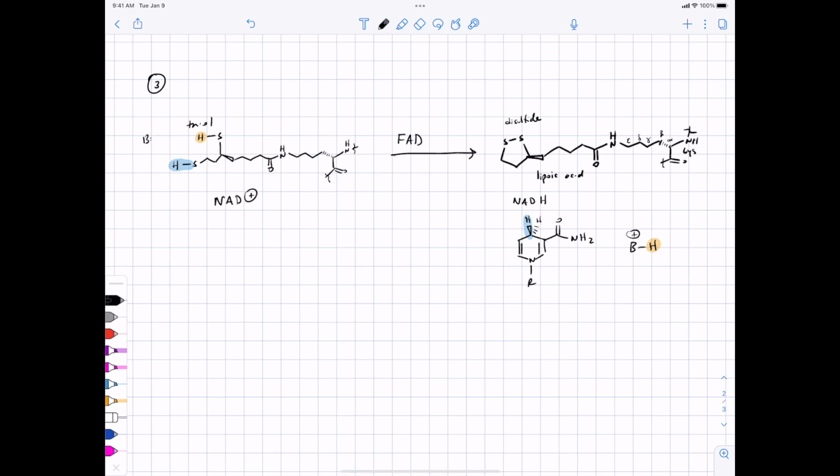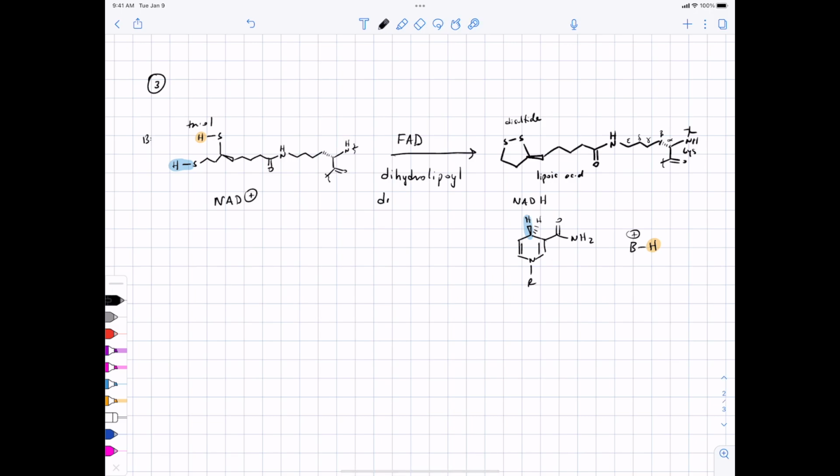It's called FAD, flavin adenine dinucleotide. I'm not going to draw that because you can look it up and we're not doing the mechanism anyway. The part of the complex that does this is called dihydrolipoyl for lipoic acid, and dihydro refers to the fact that you've got 2 hydrogens.